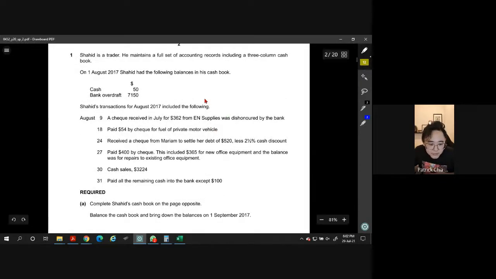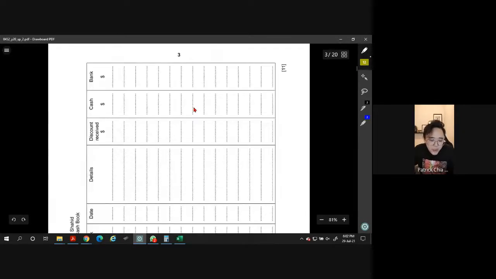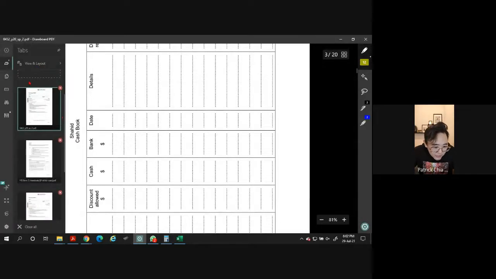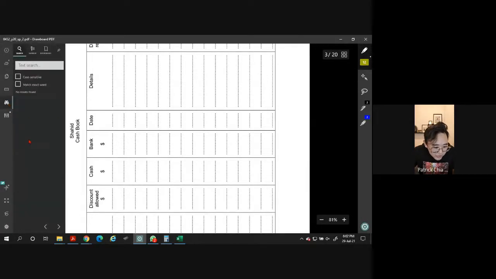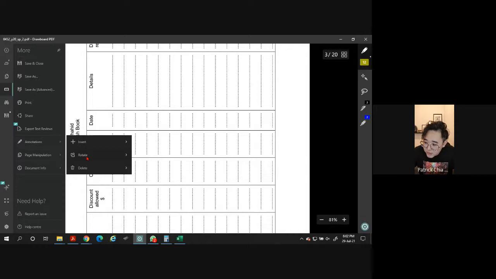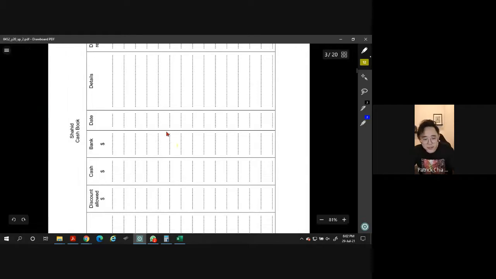All right, so let us put in the easy things first. When you are dealing with a cash book, you can straight away tell yourself these things. I need to change the layout because this keeps flipping upside down. Hold on. Can send this to the group.